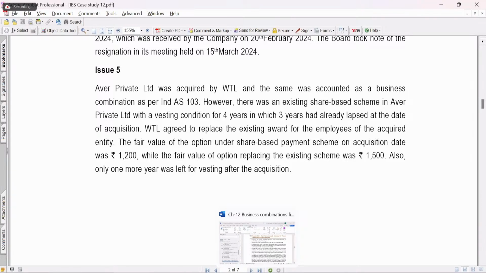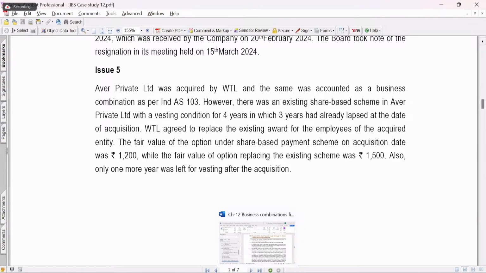When we are acquiring a particular entity, we have to pay a purchase consideration, and that purchase consideration is in the form of equity shares or investment in their equity shares. But for acquiring that control, we have to value at what value we are acquiring that entity. And for valuation of that entity, we have to take the assets and liabilities of that entity.